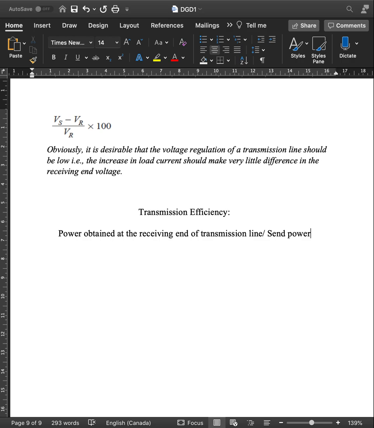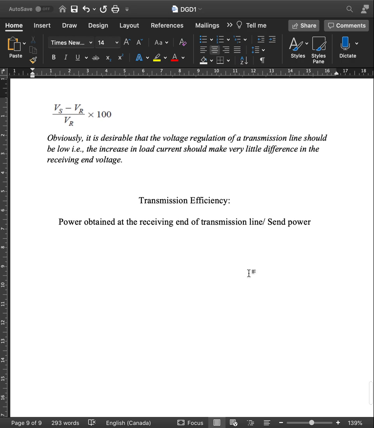Transmission efficiency, you can define in mathematical terms. It can be written as Vr Ir cos of the impedance angle on the receiving side, divided by Vs Is cos of the angle on the sending side.